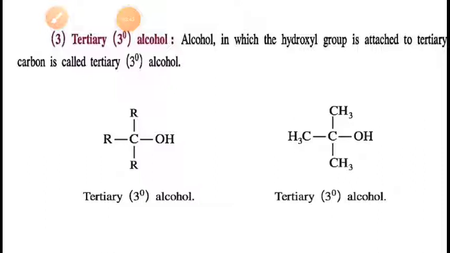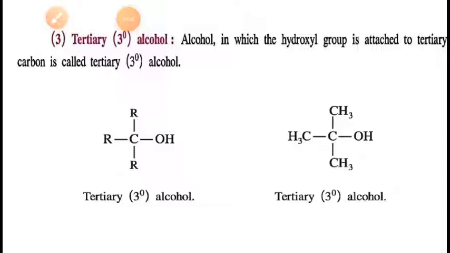One more class is there which is called classification based on the OH group. Okay, so when we talk about the classification based on OH group, there are basically four types of alcohol. Okay, one is monohydric, another one is dihydric, third one is trihydric, and fourth one is polyhydric.